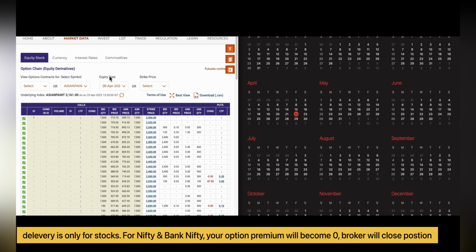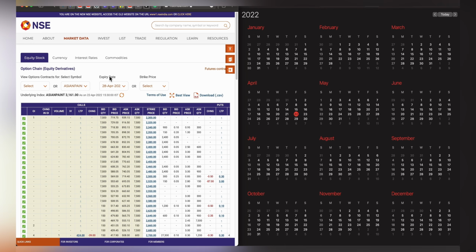At that time, he should have huge amount of money in his demat account, or else you will be severely charged by your broker. If you're not understanding what is delivery, all those things, I will be explaining this to you as we move forward, so nothing to worry. As of now, we are just concentrating on expiry.